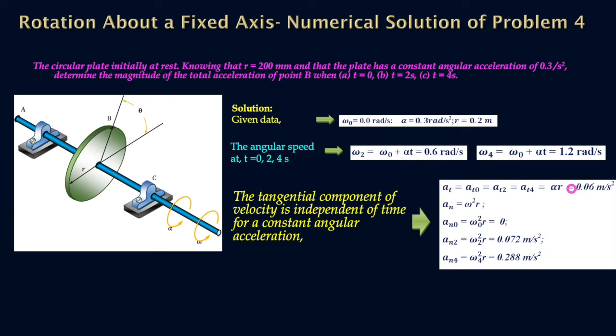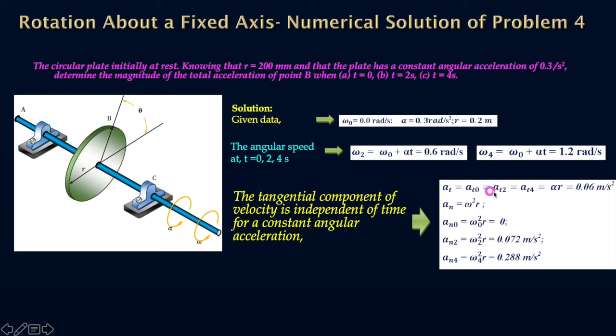You see, r is the radius of the disk and alpha is the constant angular acceleration. Both are constant, so the tangential component is independent of time.